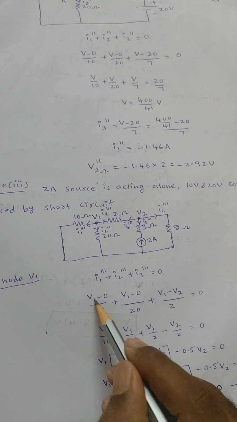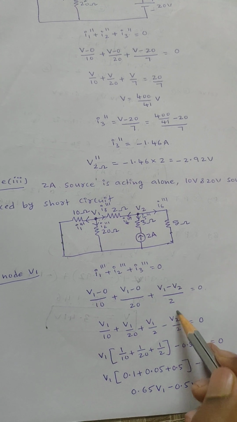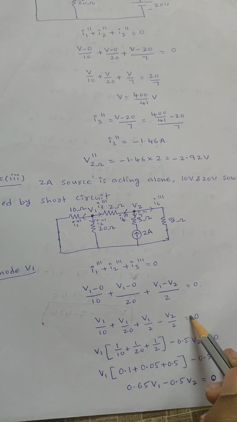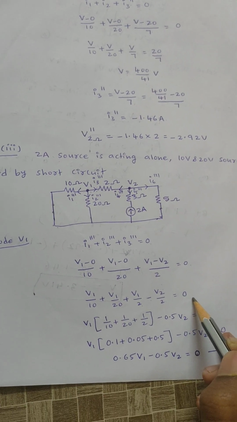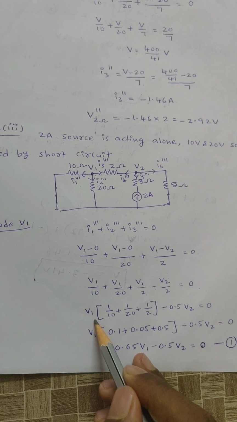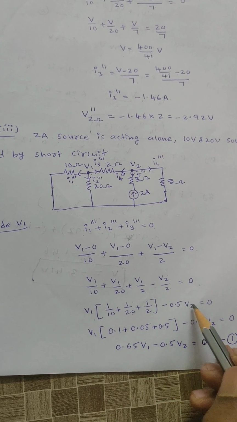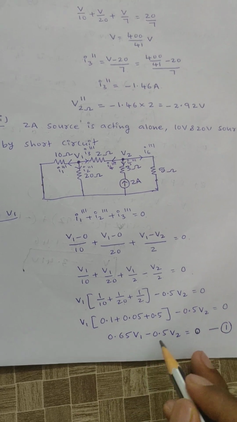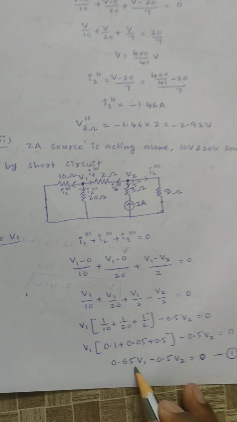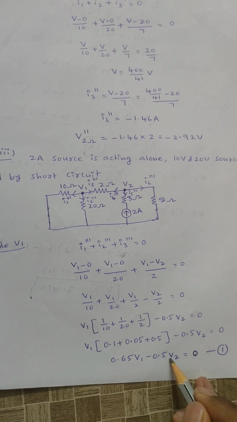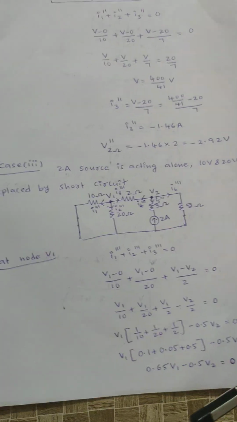That is V1 by 10 plus V1 by 20 plus V1 by 2 minus V2 by 2 equals 0. If I take V1 as common, (1 by 10 plus 1 by 20 plus 1 by 2) V1 minus 0.5 V2 equals 0. If I simplify this equation, I will get 0.65 V1 minus 0.5 V2 equals 0.